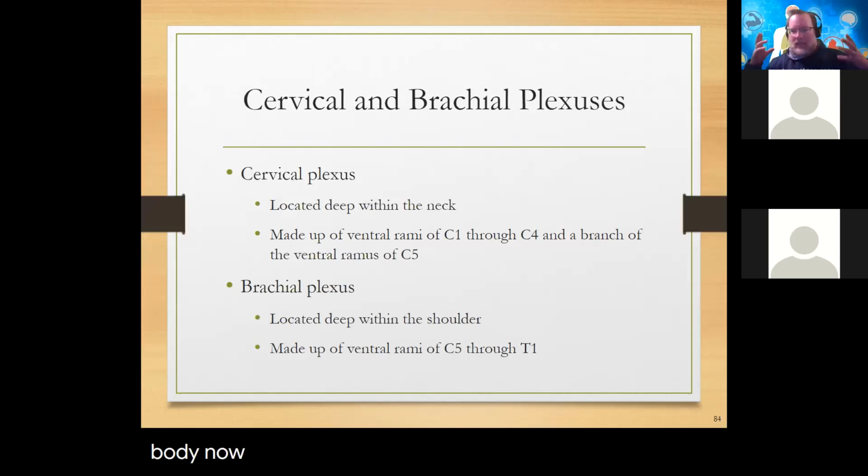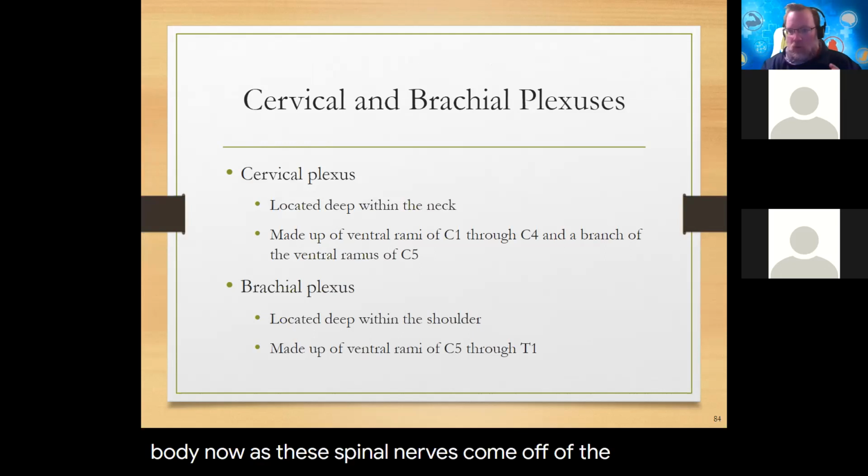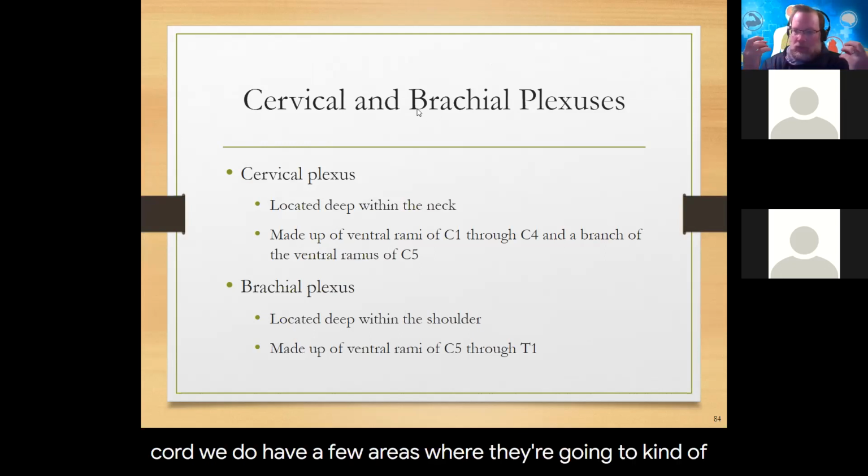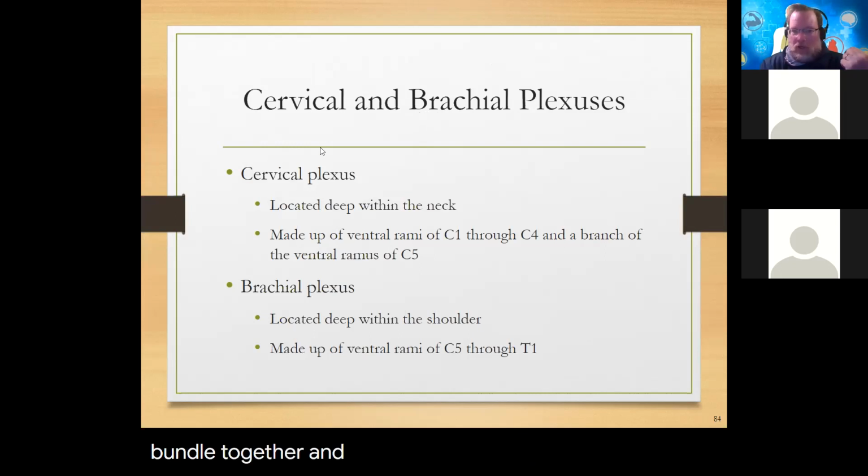Now, as these spinal nerves come off of the spinal cord, we have a few areas where they bundle together and form what's called a plexus. The first group of spinal nerves that feed the same area is called the cervical plexus.